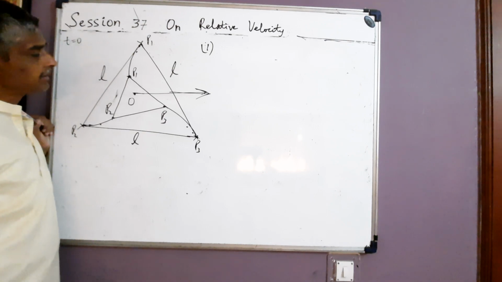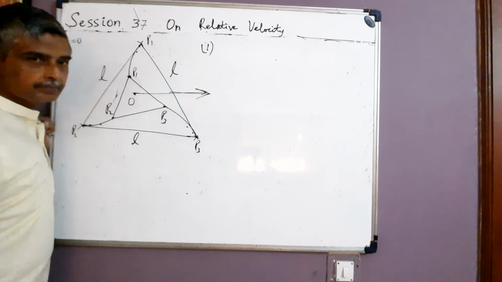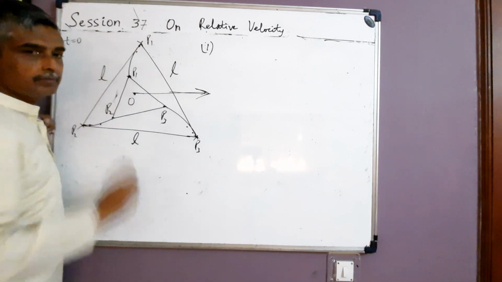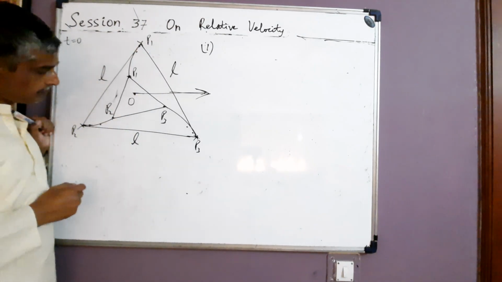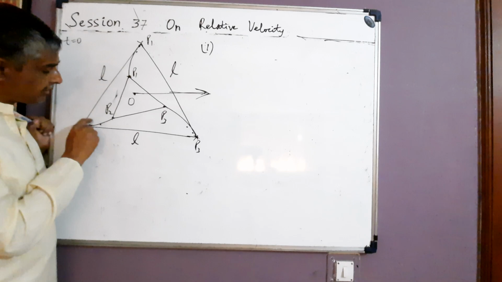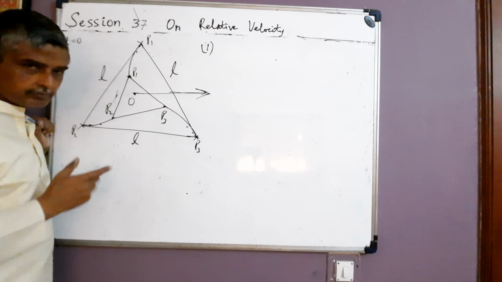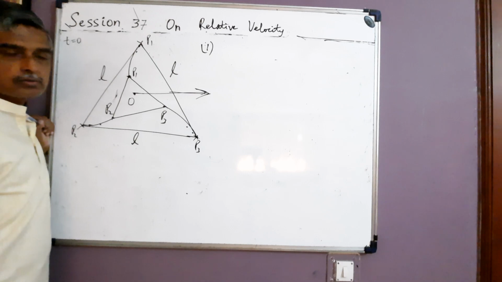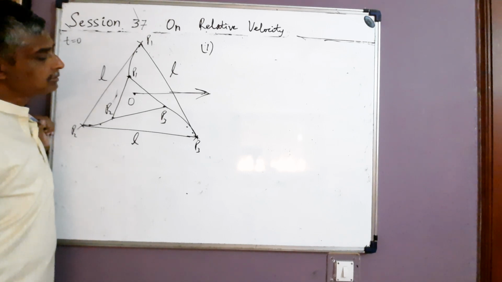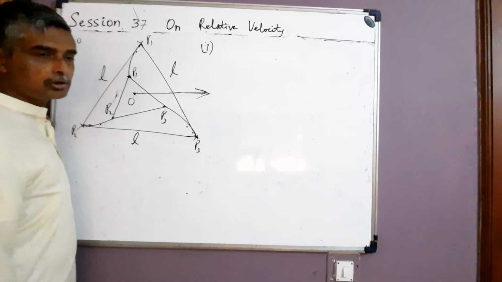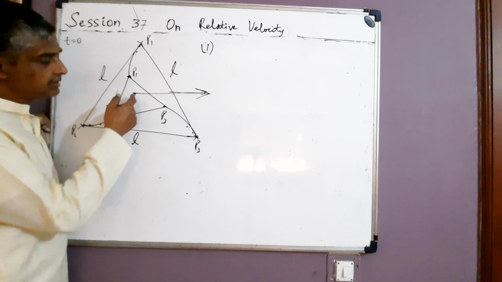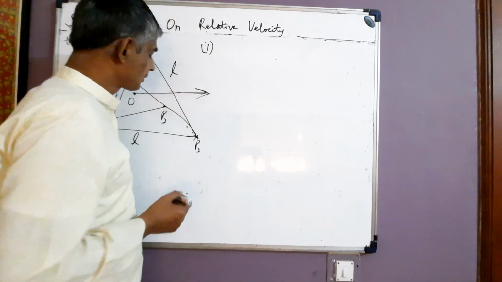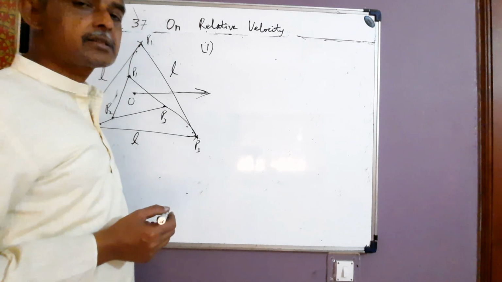Suppose the points meet somewhere at time capital T. In that time 0 to capital T, P1 must have moved the distance vT, speed into time, speed is constant. P2 must have moved the distance vT. P3 must also have moved the same distance vT. So they all meet at a point which is equidistant from the initial three locations of the 3 points. That should be at the center of the triangle. Fine. So what is the first observation? The 3 points will meet at the center of the triangle.